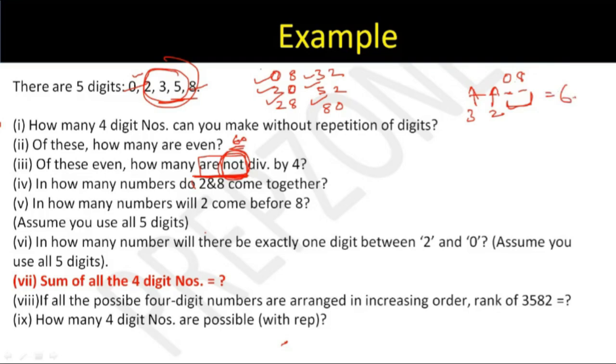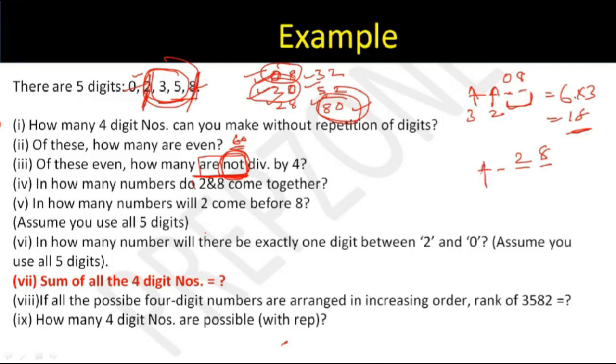Similarly, can I say that for 0, 8, 2, 0 and 8, 0 there would be exactly the same cases because 0 is already consumed. So 6 for this, 6 for this, 6 for this, and hence it has to be 6 into 3 to cover each of these 3 cases. So this is 18, right? Let's talk about the second case when the last 2 digits are say 2 and 8, where 0 is not there. If 2 and 8 is done, 2 is gone, 8 is gone, the leftover digits are 3.